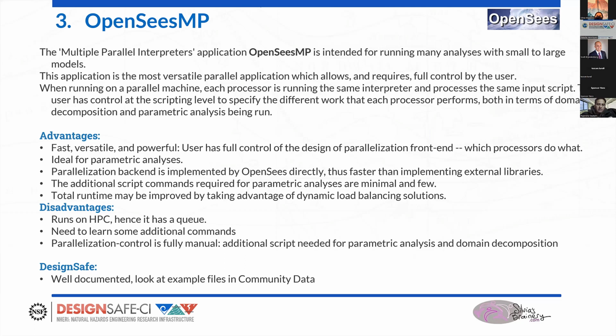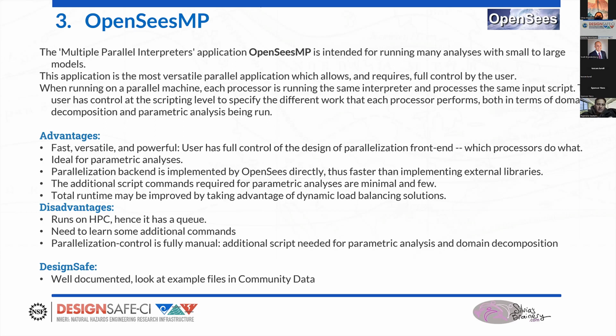And in addition, you can actually improve the speed and the efficiency of your solution using load balancing solutions. Frank has a great video on load balancing solutions, and I put a link to it in the manual in the documentation on DesignSafe. And again, there's just a few extra commands that you need to learn, and so that kind of becomes a disadvantage. You need to learn a few commands, but it's not the end of the world.